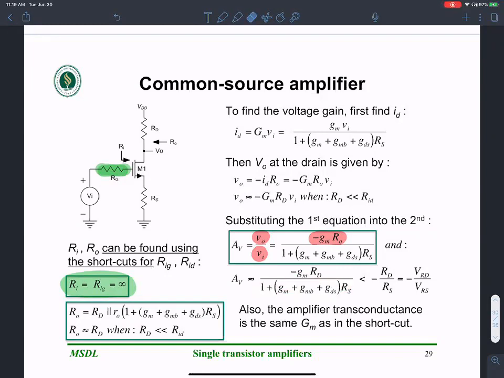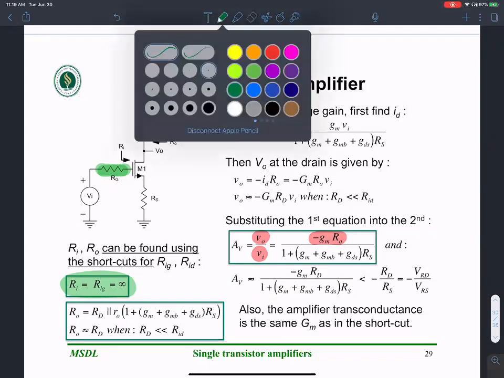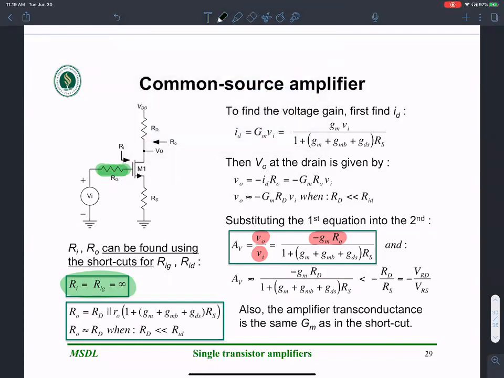What do you think happens if RS becomes 0? If I short circuit that, then all of this term is going to go to 0. So I'm going to be left with negative gm RD by 1, or negative gm RD. That's the maximum gain that you can get for a resistance RD.